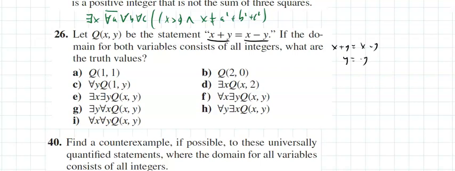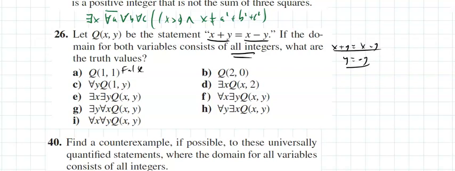This is really saying y equals negative y. If the domain is integers only, and you put x equals 1, y equals 1, this would mean that 1 equals negative 1. This is false. So again, you could use this, or you could just look here. When y equals negative itself, x will cancel out.